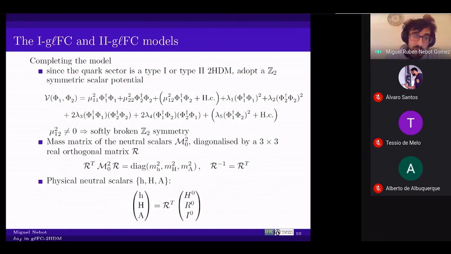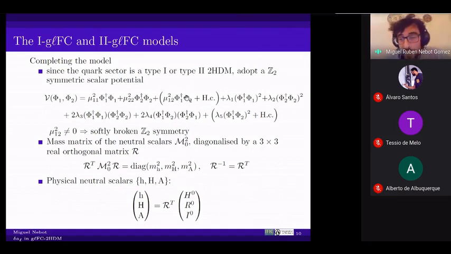And now we need to complete this model a little bit, and that means completing the scalar sector. Since we are adopting these type 1 or type 2 couplings in the quark sector, we will just extend that kind of Z2 symmetric situation to the scalar potential, with the only exception that we keep in mind that we may need to softly break this symmetry.